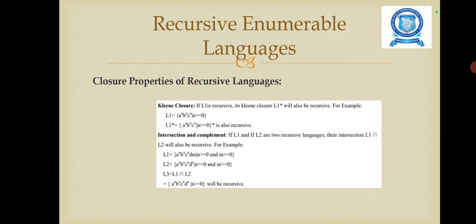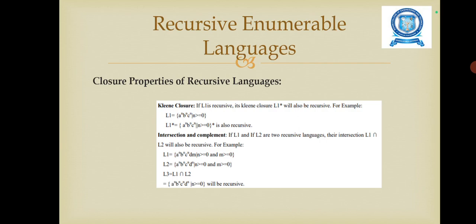The next one is intersection and complement. Here also, if L1 and L2 are two recursive languages, their intersection L1 intersection L2 is also recursive. Here we consider two languages L1 and L2. L1 says a number of A's followed by a number of B's, followed by C's, and then any number of D's.